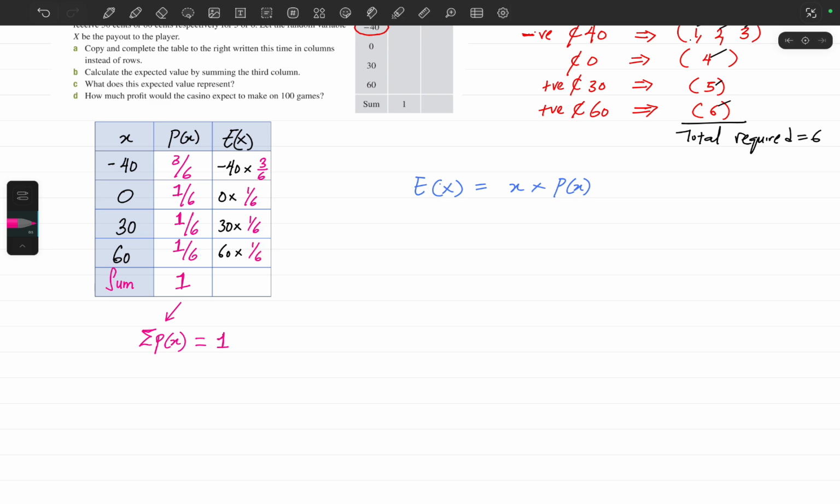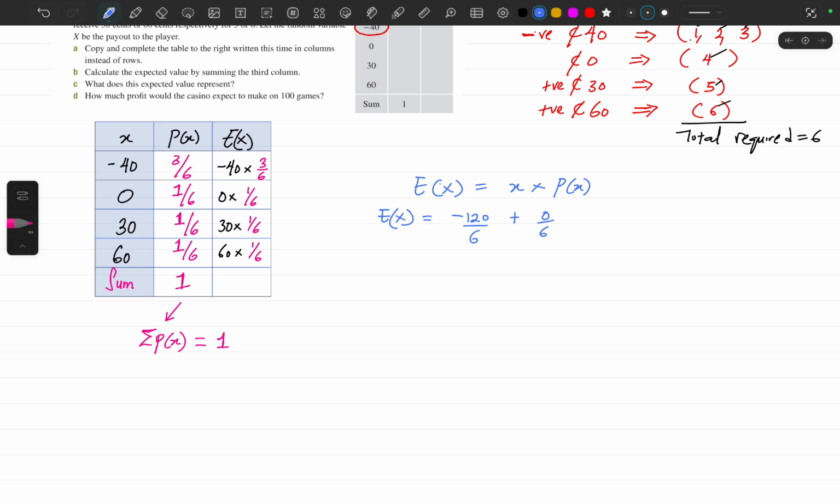Okay, so you can go ahead and sum up this variable, which is what I'm going to do directly under here. So the expected value will now be equal to negative 120 divided by 6, right? That's 40 times 3, which is negative 120, divided by 6, plus 0 times 1 over 6, that's 0 over 6.